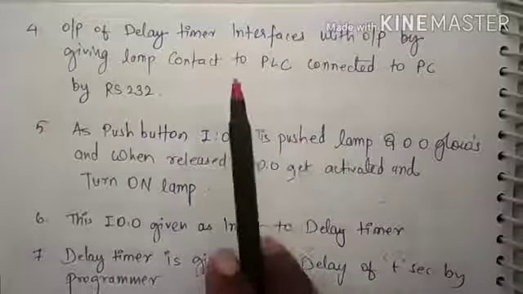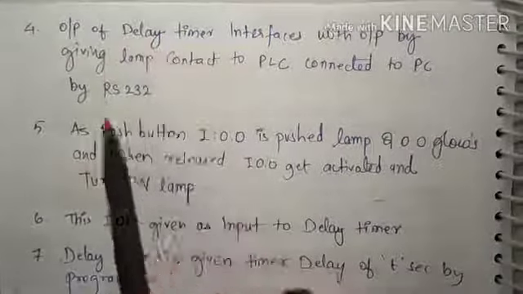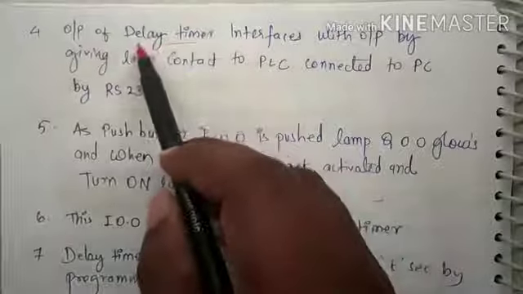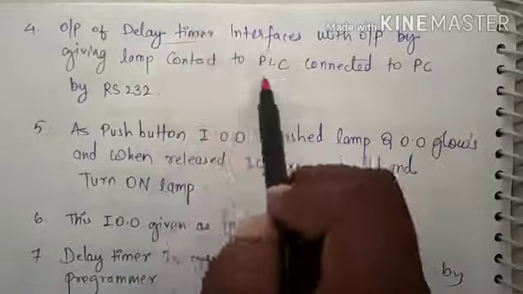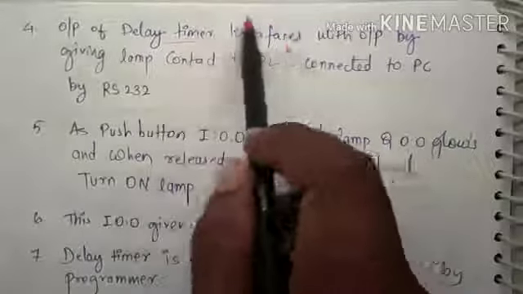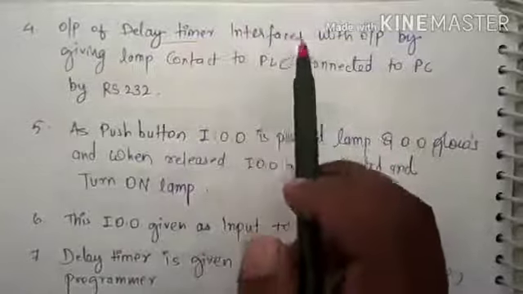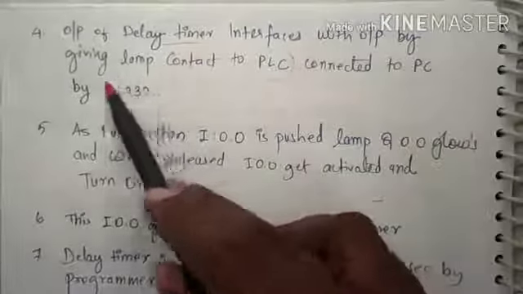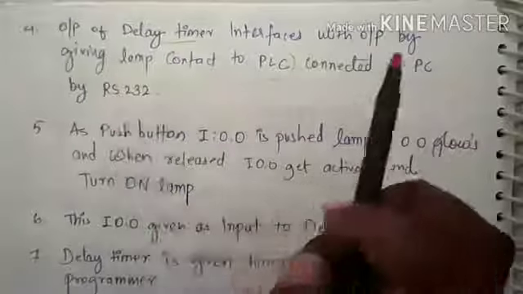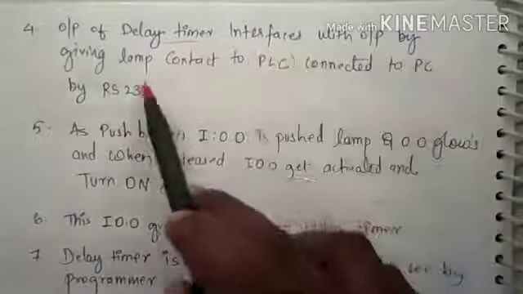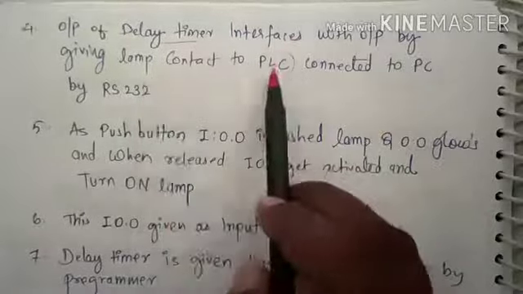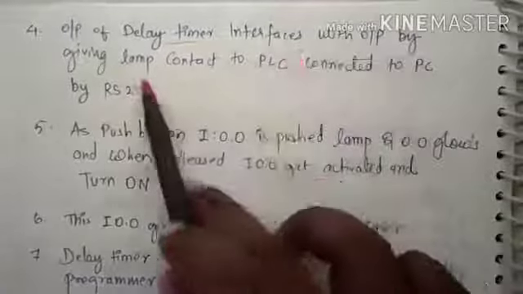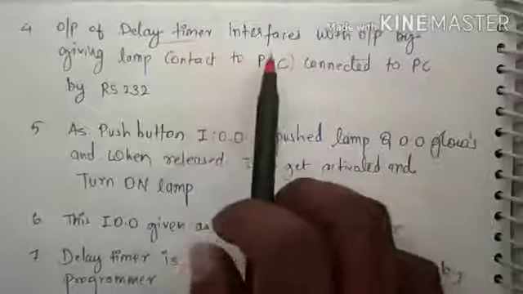Delay timer interfacing means we are connecting the timer with the PLC and controlling it with the help of RS232 communication, which is the communication method between the PLC and PC. So for this connection I will require an RS232 connection.